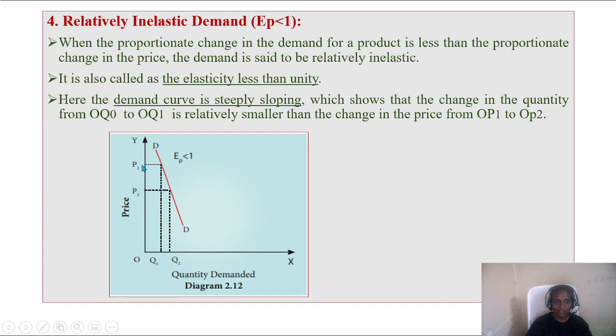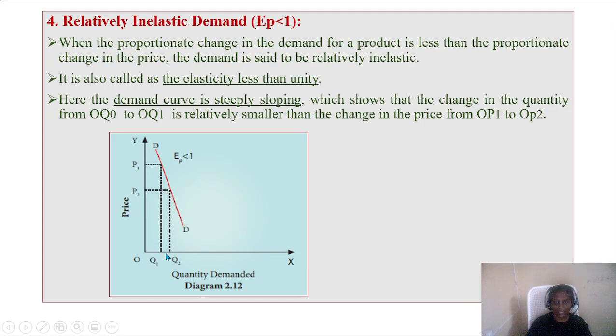If the price level decreases to double the rate of the original, maybe from 10 rupees to 5 rupees, what will happen to the quantity demanded? There will be a very small increase in the quantity demanded.